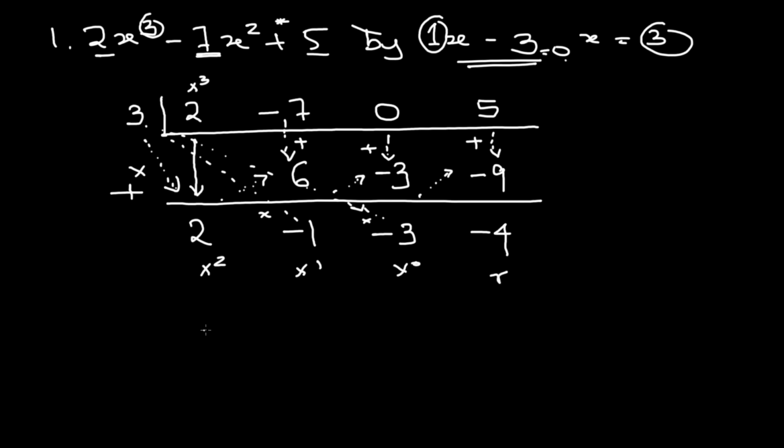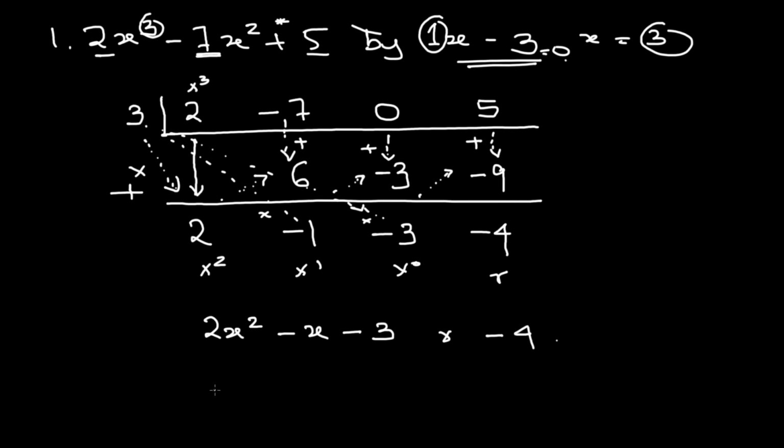So our resultant, or quotient here, is going to be, with the coefficients, 2x squared minus x minus 3, then we have remainder -4, and we can express these in terms of the partial fraction.